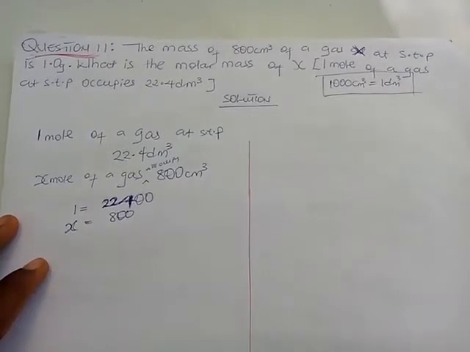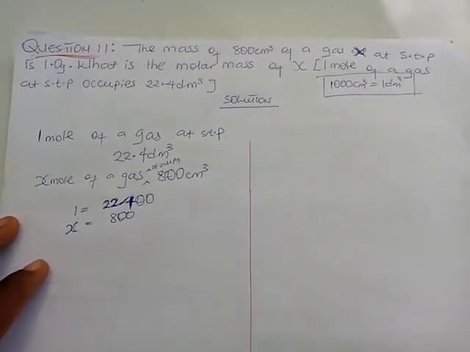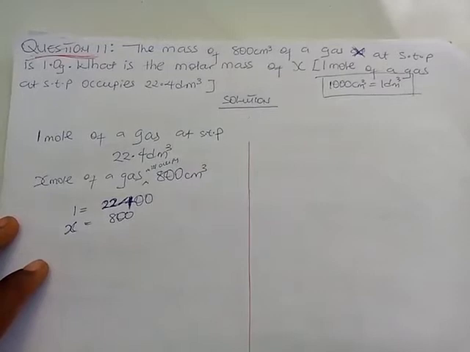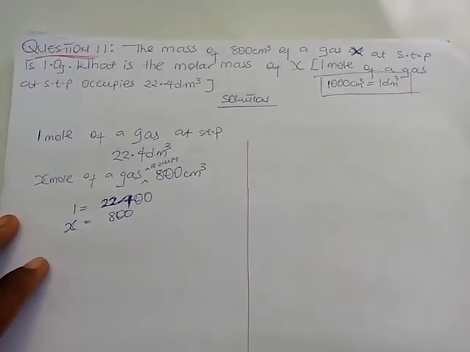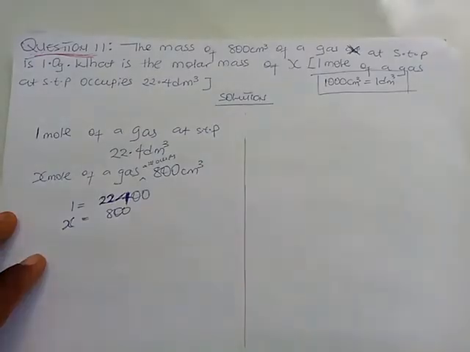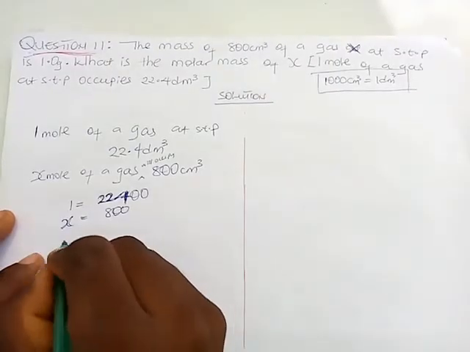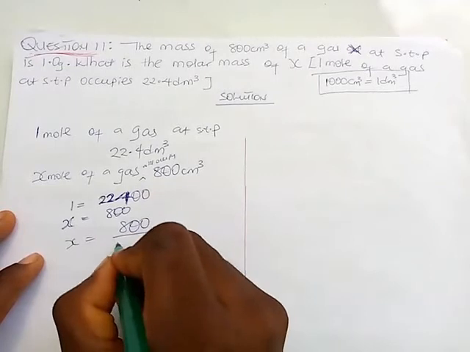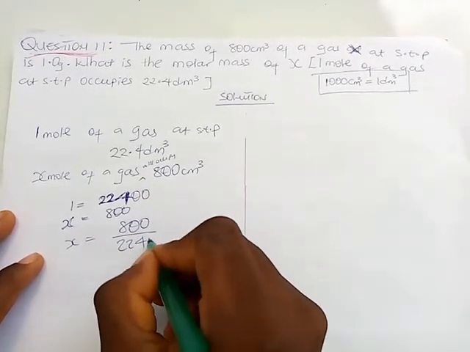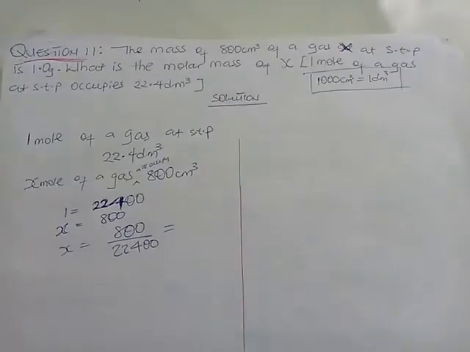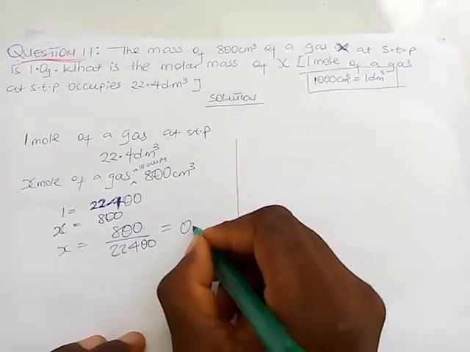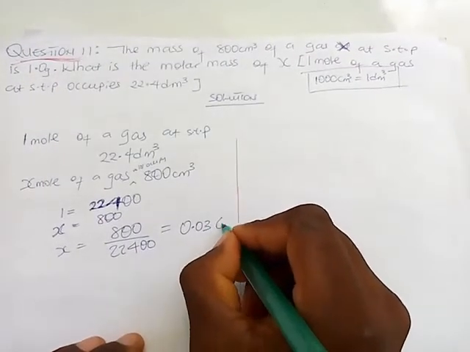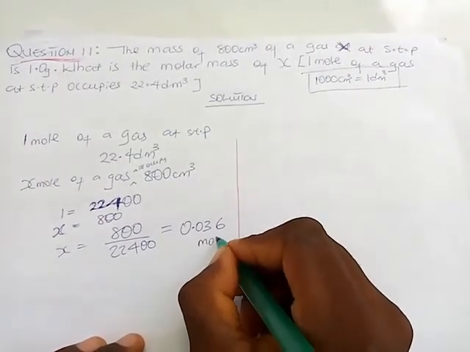If you are using cm cube, let every volume you are working with be in cm cube. If you fail to do that, you will have errors in your calculation. So when we do that, we obtain the mole. We discover that x is equal to 800 over 22,400, which is 0.036 moles.